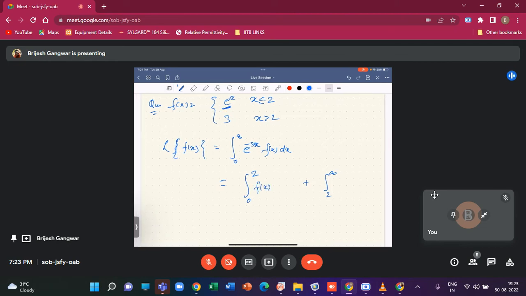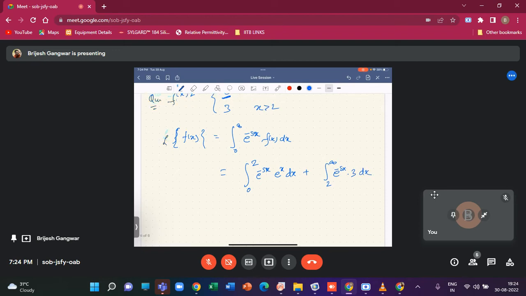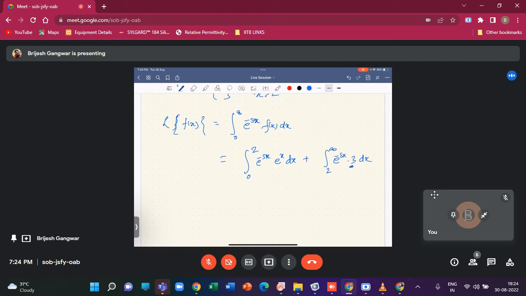So from 0 to 2 we will put f(x) as e to the power minus sx into e to the power x dx, and here we will put e to the power minus sx into 3 into dx. So this corresponds to f(x) equal to 1, and this corresponds to f(x) equal to e to the power x.